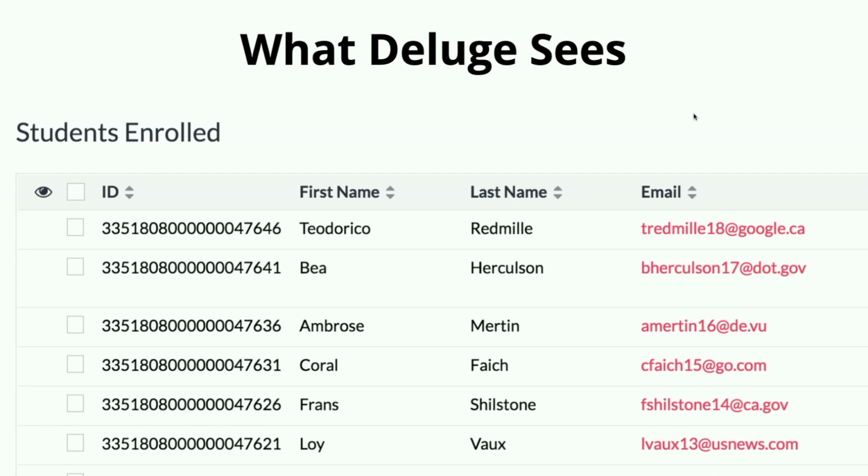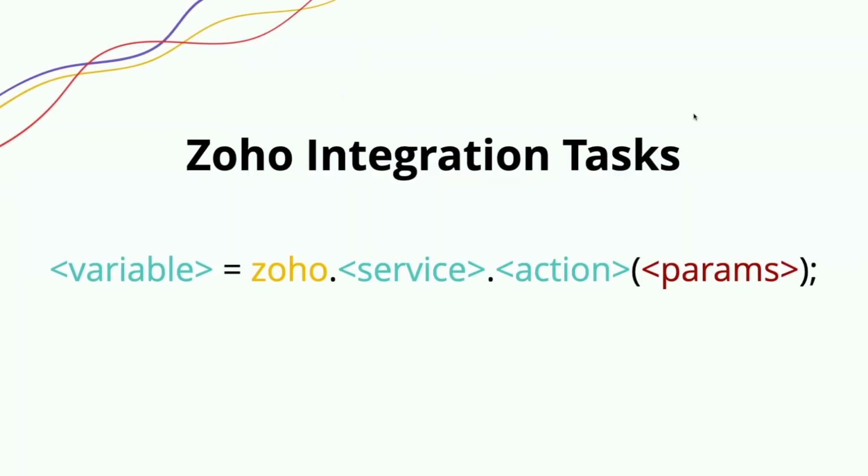That information is very useful to know when you get into integration tasks, API calls, or fetching records, because that allows you to access one very specific record with a 100% guarantee that I'm going to find the record of Ambrose Merton, or whoever that is, if I put in his ID number.